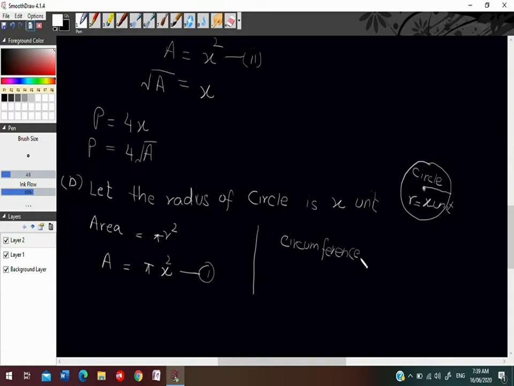Circumference of the circle is equals to 2 pi x. Here we have used x instead of r. So in general, the circumference of the circle is equals to 2 pi r. But in our question, we are using x instead of this r, right?